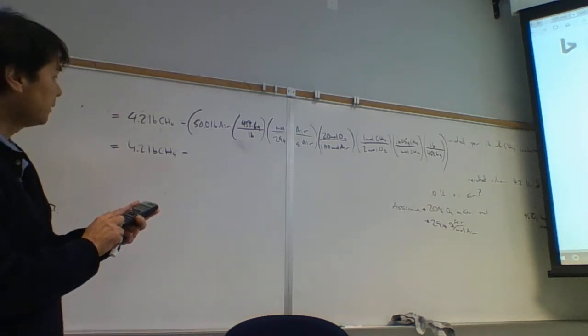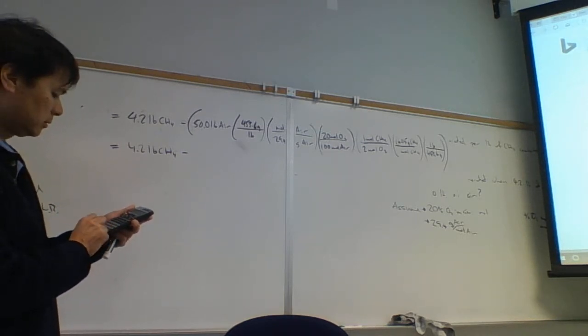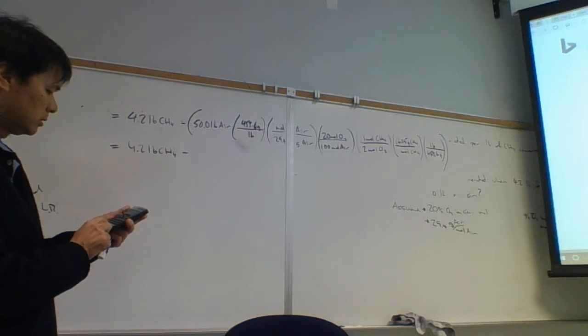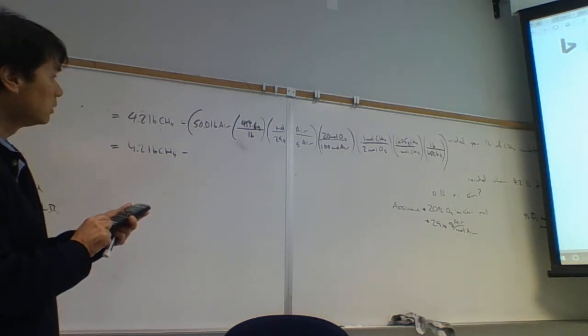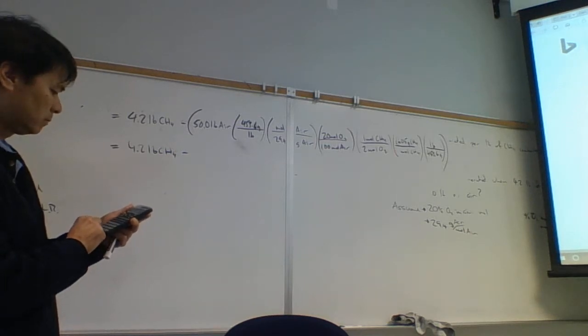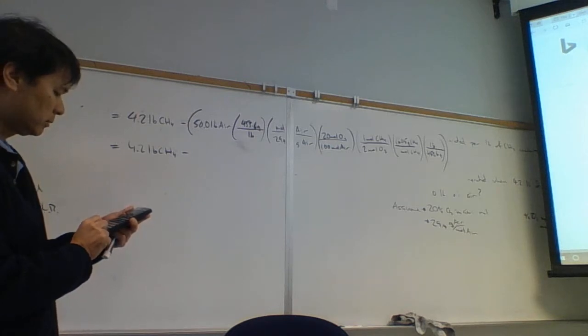So 50 times 20 times 16.05, divided by 29.4, divided by 100, divided by 2, divided by 4 equals.